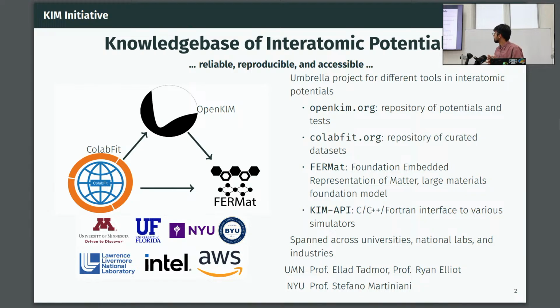And one important piece of software is called KIM API, which is basically an API standard that we defined, using which you can have any arbitrary simulator or any arbitrary code that you want to use. It will act like a layer where you can get energy and forces.